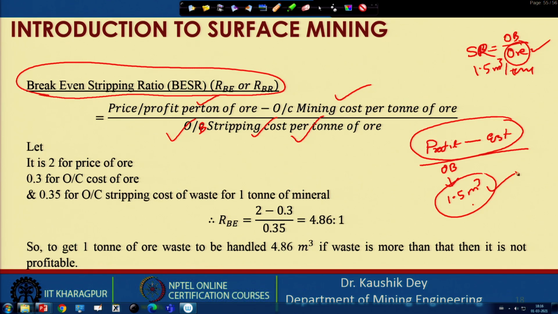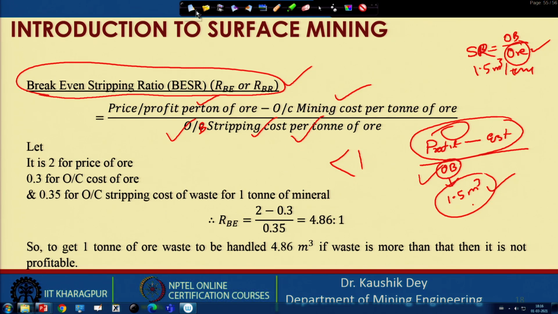So, this ratio is called break even stripping ratio, and in no condition will you allow the break even stripping ratio to go below 1. If it is less than 1, that means your overburden removal cost is becoming higher than the amount lying with you after the selling of the ore. So, that is not allowed because it will not fetch you any profit.